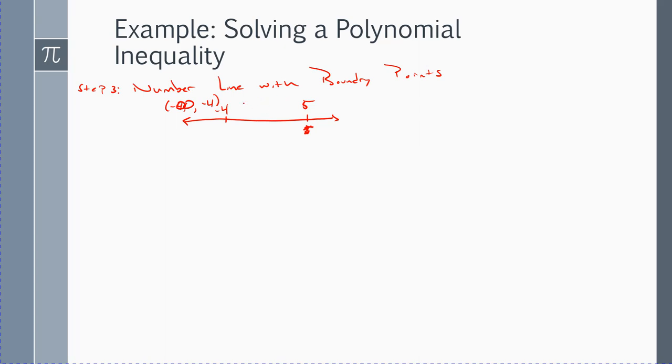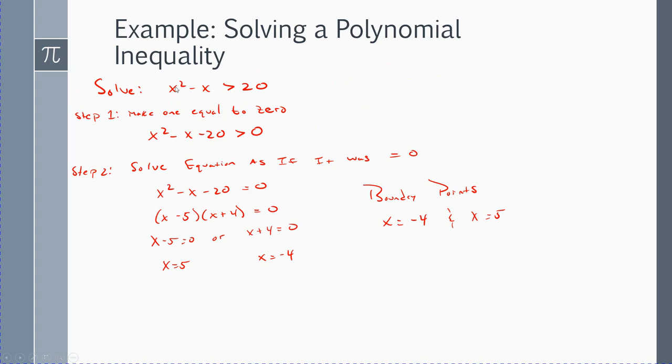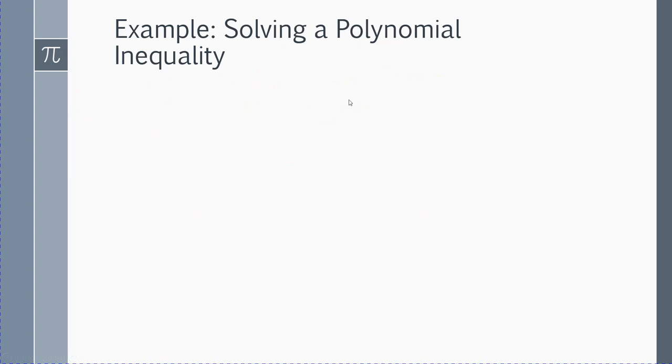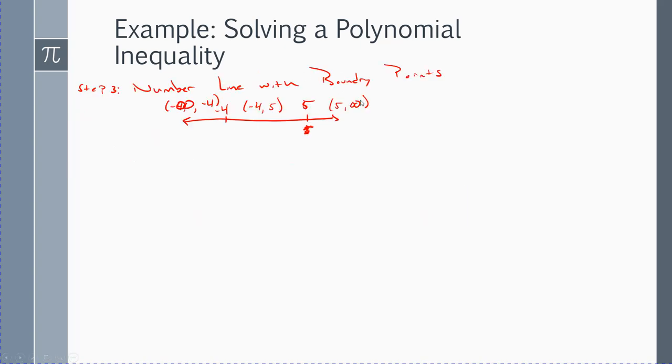In between is another interval, negative 4 to 5. And after 5 is another interval, 5 to infinity. So I have 3 intervals, which means my solution to x squared minus x is greater than 20 has to come from one of these intervals.